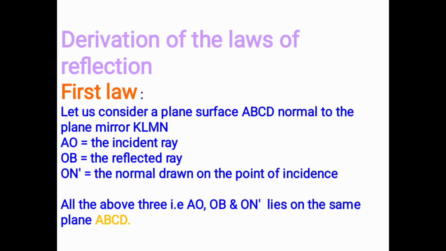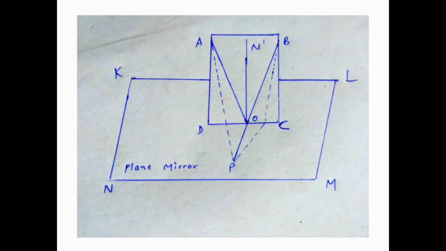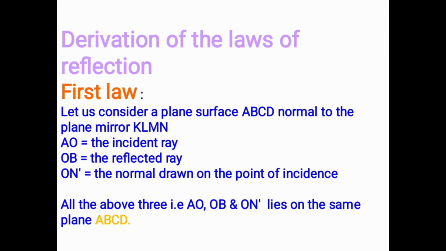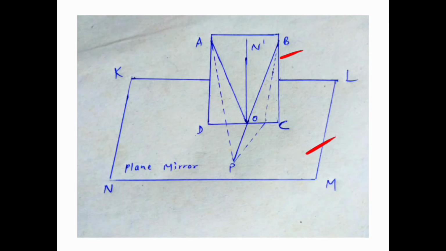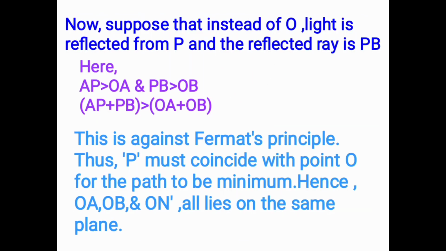First law. Here KLMN is a plane mirror and ABCD is a plane surface, where AO is the incident ray, OB is the reflected ray, and ON is the normal drawn at the point of incidence. Now suppose that instead of O the light is reflected from P and the reflected ray is PB.